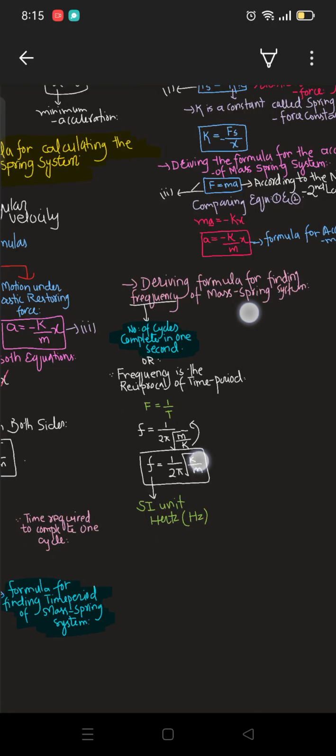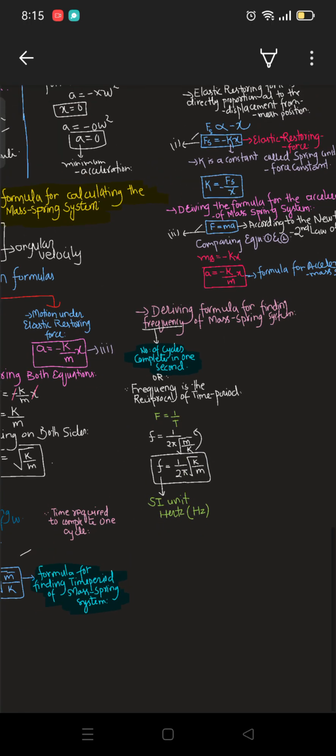In today's video, we are going to find the velocity of the mass spring system, or velocity of the motion under elastic restoring force.